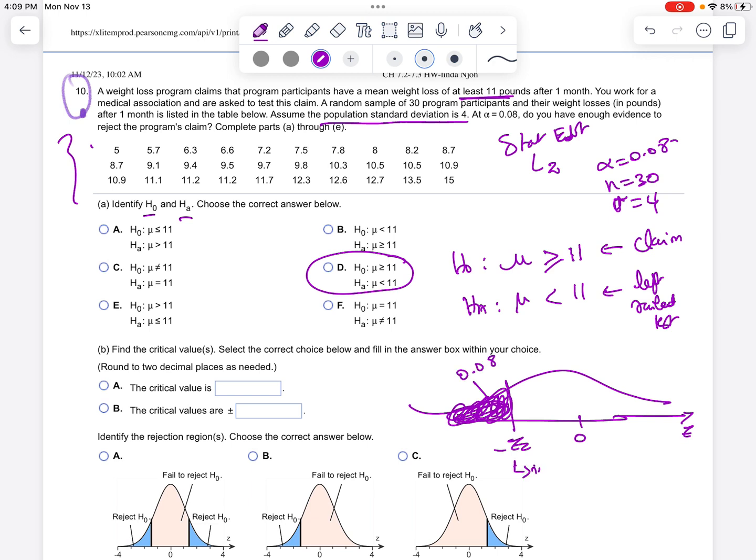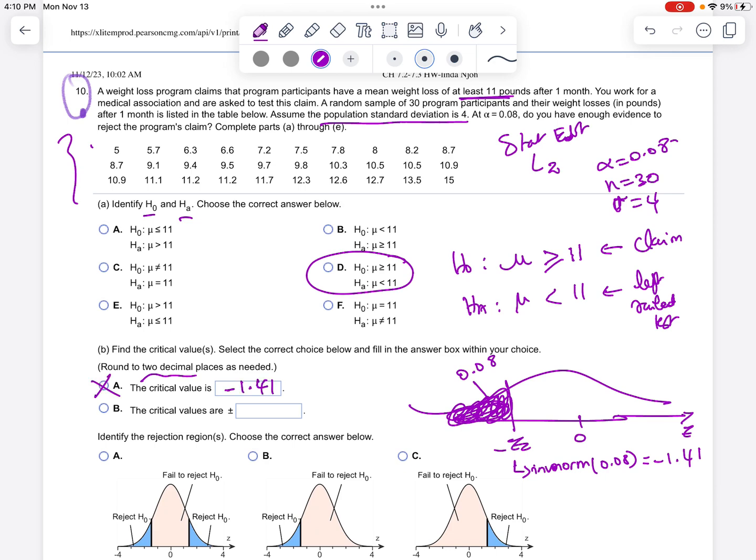So this guy is inverse norm, 0.08. Second function, DISTR, inverse norm, 0.08. Left tail test, so this guy is going to be negative 1.4. Round to two decimal places: negative 1.41.